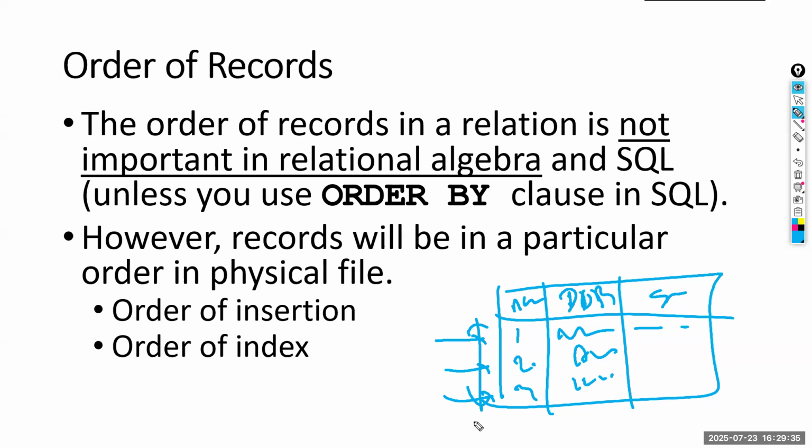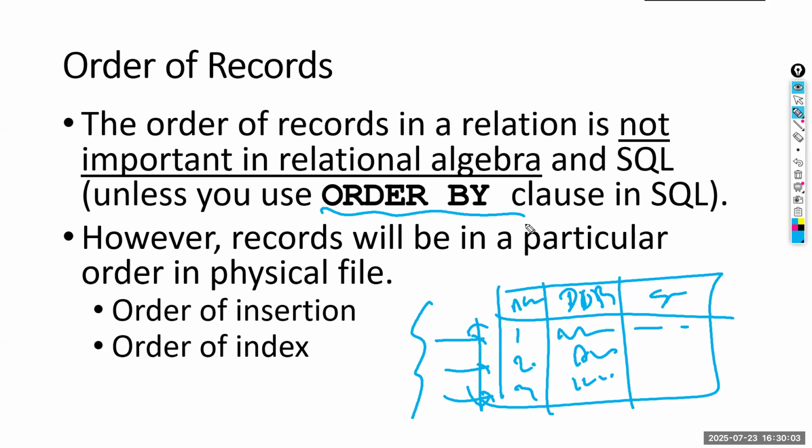So by default, we don't care about the order, especially when we give results. But if you are interested in the order of the records in SQL, later on you will learn there's something called order by a particular field. Otherwise, it will be pretty much a random order, or we don't care about the order.